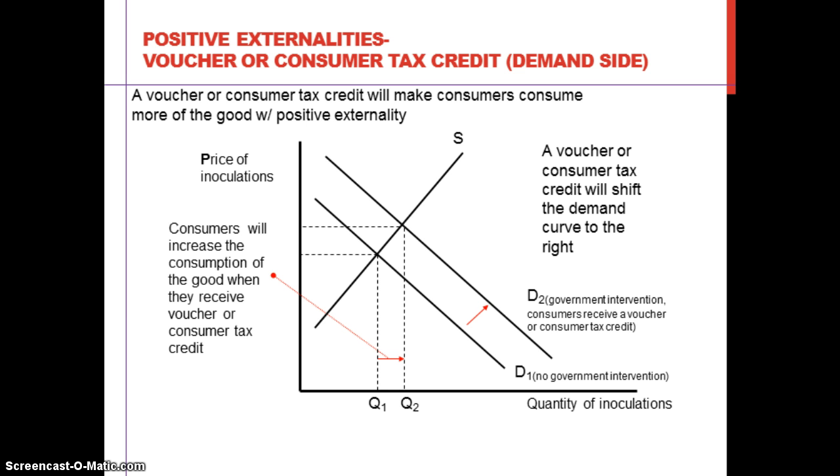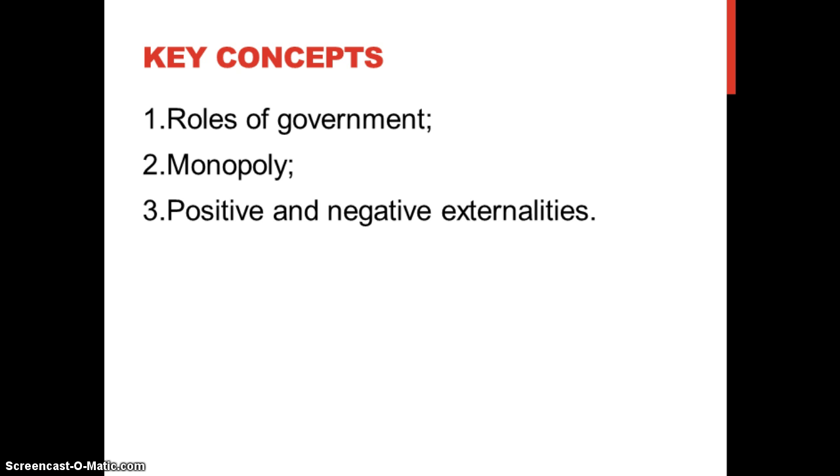In that case, the government subsidizes the production of these goods. So please remember that externality has two dimensions, supply side and demand side. If consumers cause externalities, we might tax or subsidize consumers to correct externalities. This is the end of this lecture.